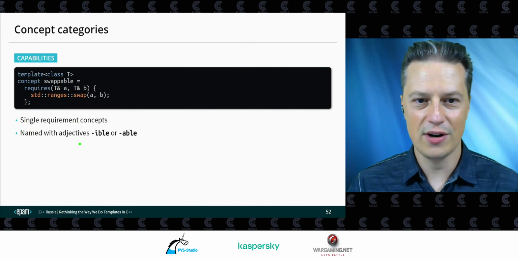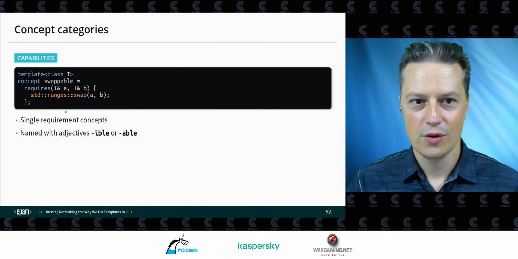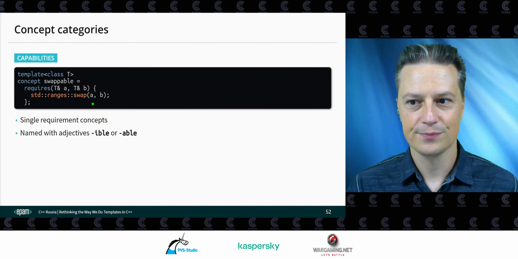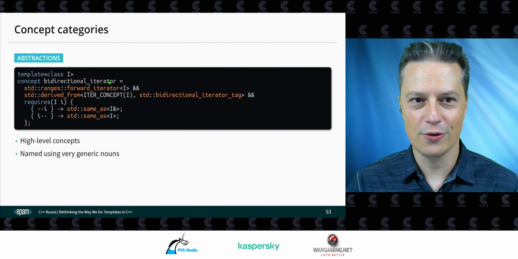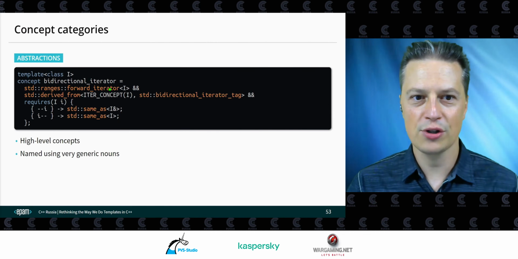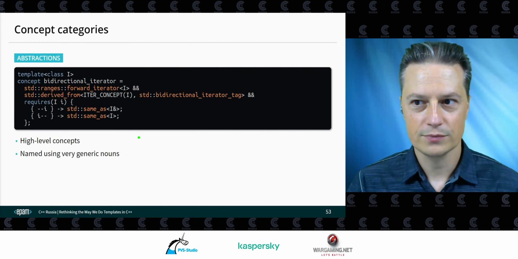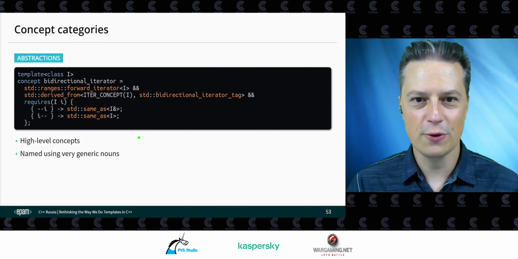As you can see, names are ending with able. This one, for example, checks if we can make a swap on 2 objects of the same type. You have abstractions, like bidirectional iterator, that provides some requirements from this type in order to work with some specific algorithm. And this is what we know so far.